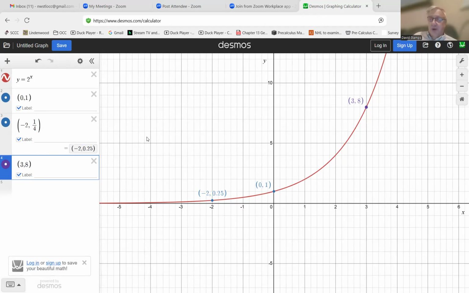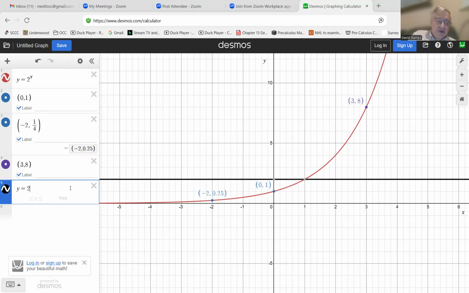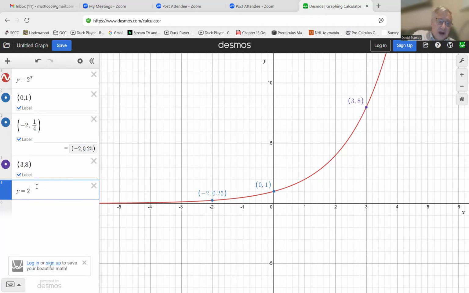And now let's just explore a couple of transformations. So on the same graph, I'm going to leave this one here. That's the parent function of 2 to the x. Now let's do a horizontal transformation to the right. So suppose I were to type in the equation y equals 2 raised to the x minus 3 power.